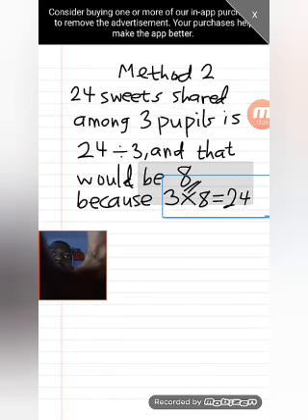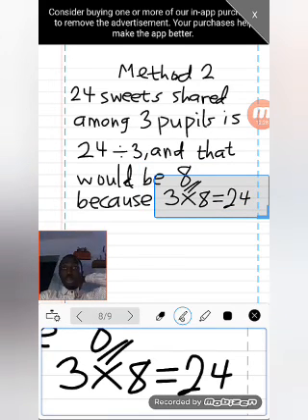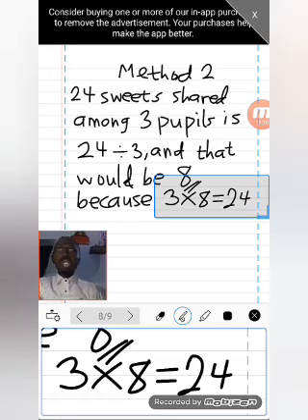So this is another method where we use the multiplication table to get 8. So 24 sweets shared among 3 pupils is 24 divided by 3, and that would be 8, because 3 times 8 is 24. So you can see that you can use any of the methods.